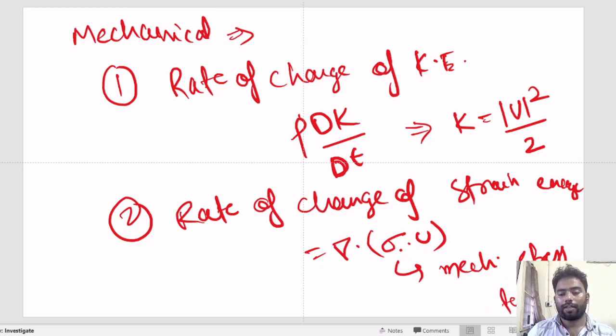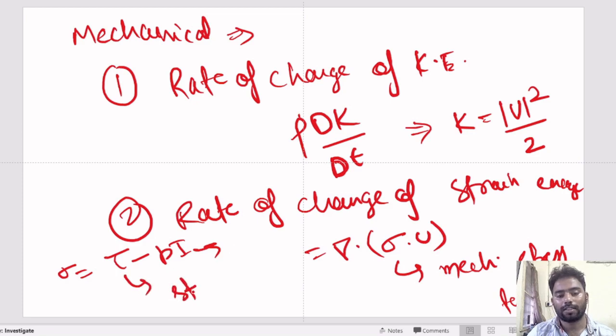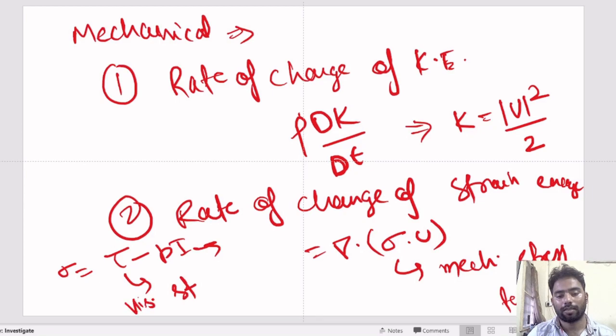This quantity you might have heard of in fluid mechanics, but let me give you a glimpse of this stress tensor. The stress tensor can be further written as tau minus P times I, where I is the identity tensor and tau is the viscous stress tensor. So sigma, the mechanical stress tensor, can be expressed in terms of the viscous stress tensor and the pressure and identity matrix.